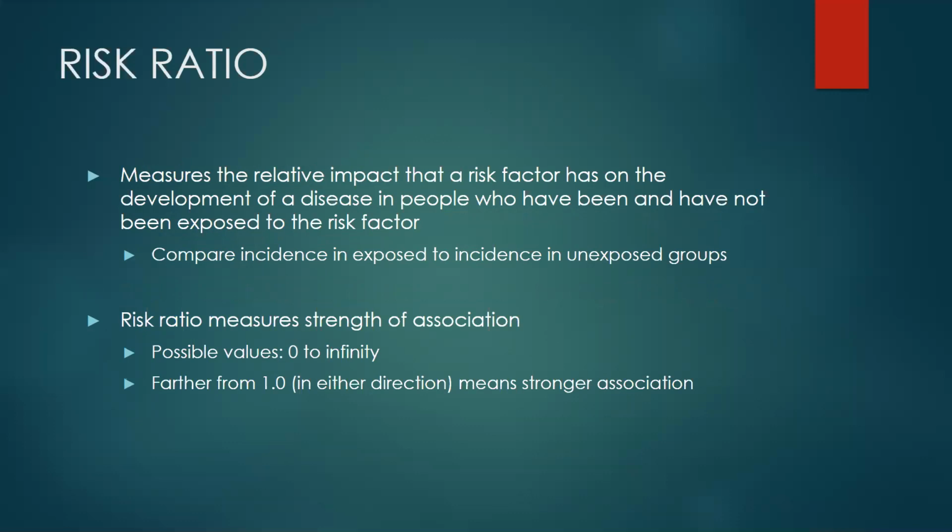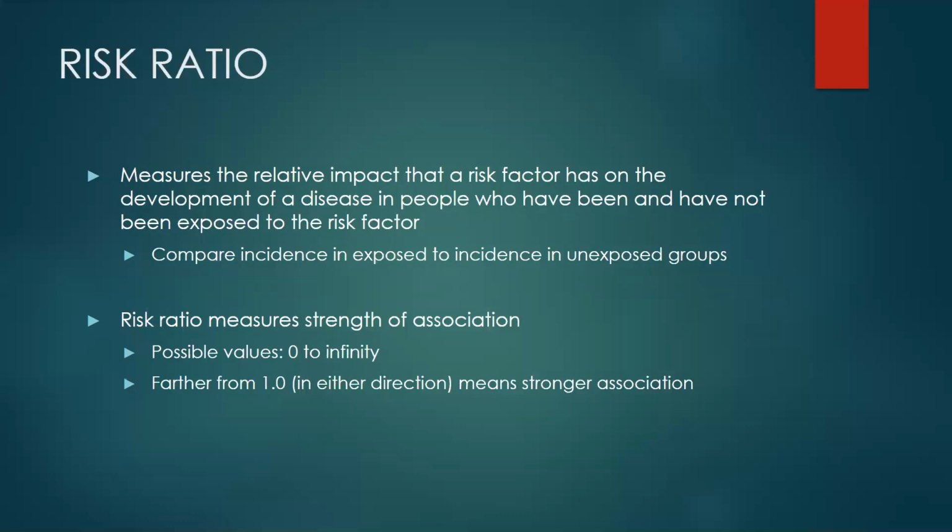What's the incidence of the outcome in the exposed group compared to the unexposed group? But there are reasons, which I'll touch on briefly as we go along, that we can't always calculate the relative risk directly. So there is another type of risk ratio, the odds ratio, that we often calculate instead. But let's start by talking about the relative risk.